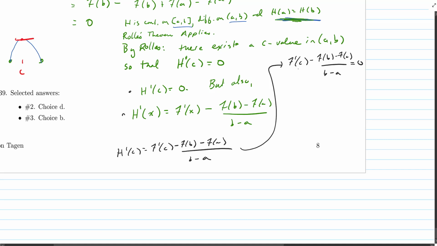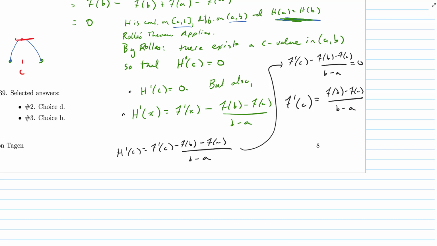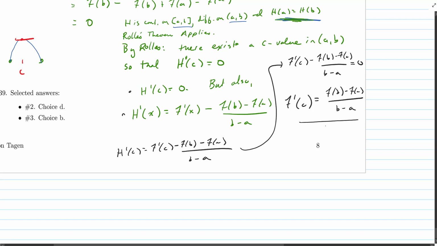And so finally, if I solve this for f prime of c, I get the mean value theorem. F prime of c equals f of b minus f of a all over b minus a. And there at long last, we have the mean value theorem.